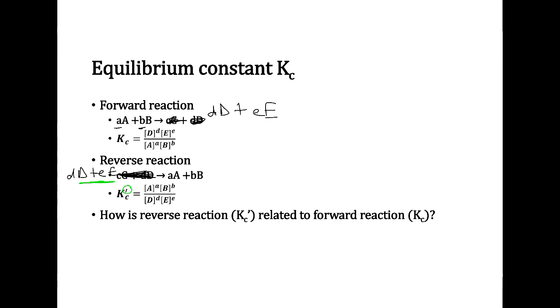So we can write an equilibrium constant whether it's a forward or a reverse reaction, and we can actually relate the reverse reaction, Kc prime, and Kc. If you notice, the numerator is swapped with the denominator from Kc prime. So we can actually write an expression: the equilibrium constant for the forward reaction is equal to 1 over the equilibrium constant for the reverse reaction.